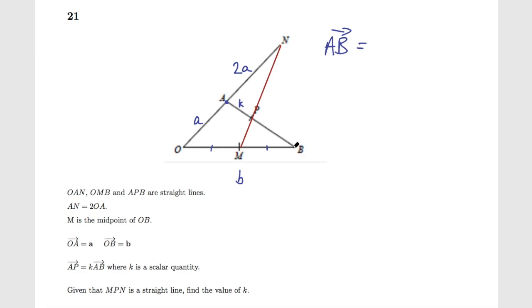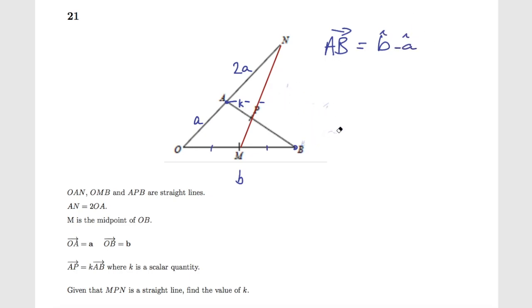To get from A to B, we can add the vector B and subtract A. So this is minus A and this is B, and we get to B. So we can say AB is B minus A.